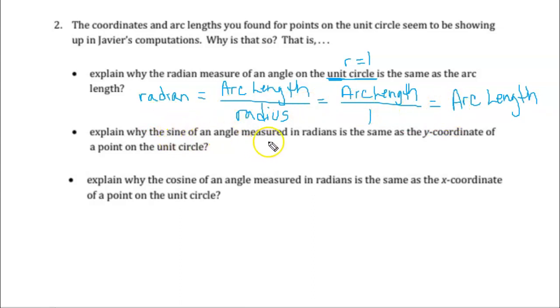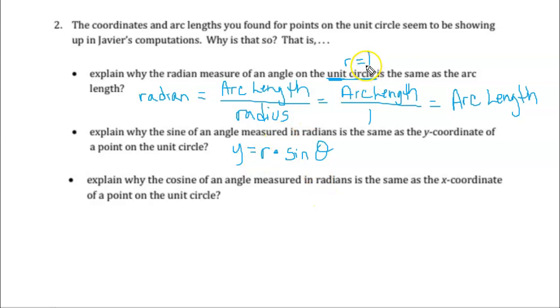Explain why the sine of an angle measured in radians is the same as the y-coordinate of a point on a circle. Thinking back to lessons 1 through 5, we worked with that Ferris wheel and we very quickly figured out that the y-coordinate, that height above the midline, was equal to the radius times the sine of the angle. That was the whole building block that we built the sine function on.